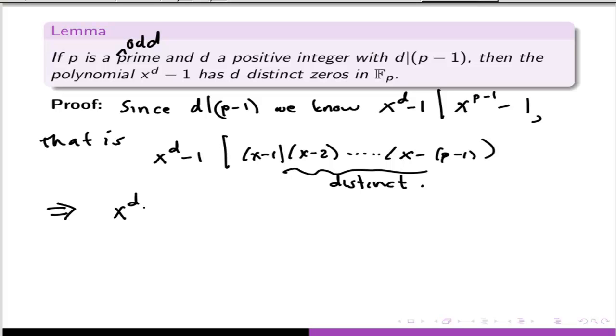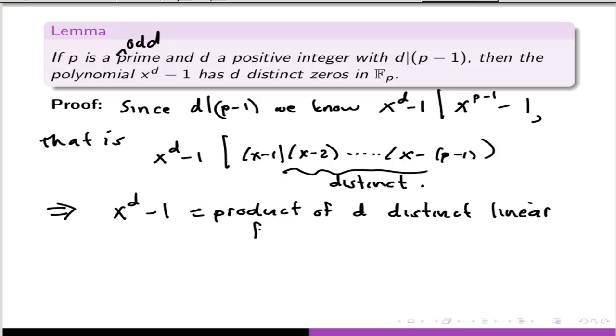X to the D minus 1 is a product of D distinct linear factors. Remember, we're in a unique factorization domain, and these are distinct irreducible polynomials. So the factors are just obtained by taking products of those distinct irreducibles.